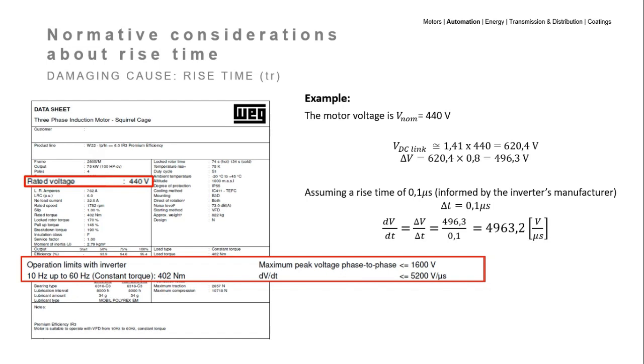This 0.8 represents the 80% of voltage to go from 10 to 90% of the DC link voltage. The drive's rise time is 0.1 microseconds for CFW11, for example. The dVdt is 4,963.2 volts per microsecond, which is okay for this motor, which can withstand a dVdt up to 5,200 volts per microsecond.